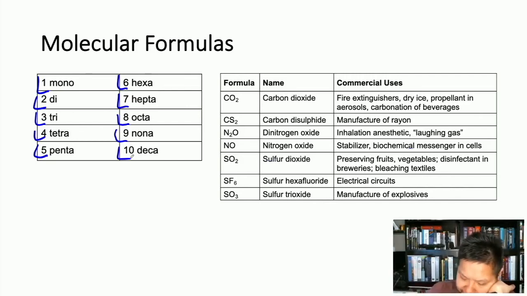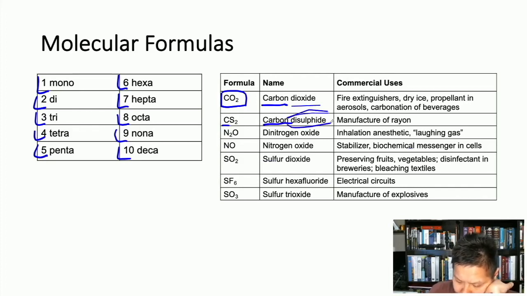So quite literally then, if we have something like this, CO2, which is carbon dioxide, there's only 1 carbon, which mono is 1, but if there's only 1, it's understood that if you don't have a prefix on there, it's 1, so you don't have to actually put a mono there, but there are 2 oxygens, right? So that's why it's dioxide. Same thing again with carbon disulfide, right? 1 carbon, so you don't have to have a prefix there, but there's 2 sulfurs, so we call that disulfide, right?